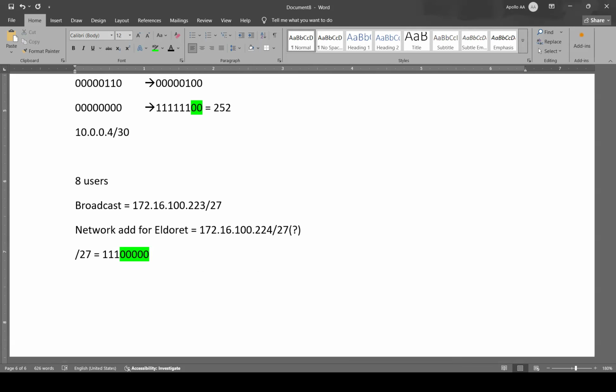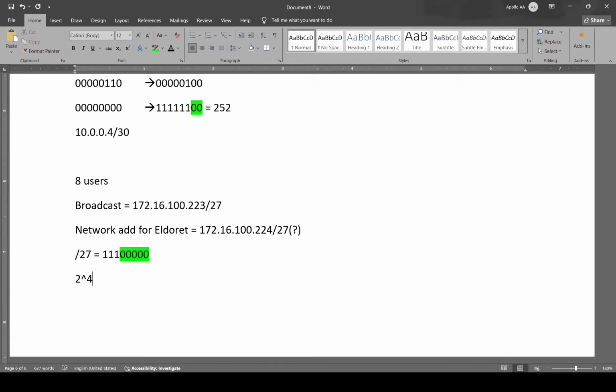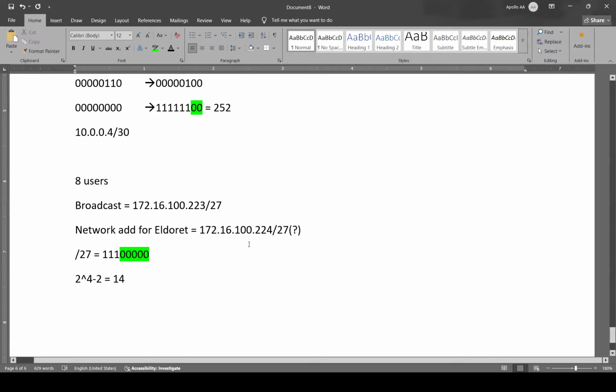So we ask ourselves, how many host bits do we need in order to take care of 8 users? And we said it is 2 raised to power 4 minus 2, which will give us 14. If we only need 4 host bits to take care of 8 users, then these 5 host bits are way too much.